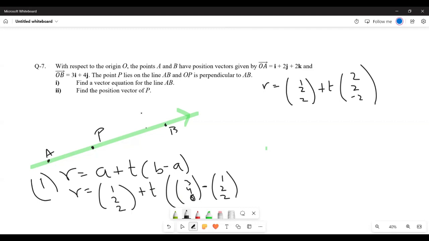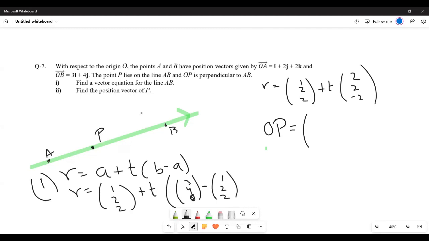Okay. OP lies on the same vector. So OP will have coordinates. Question is not making much sense to me, but let's do it. OP will have the same coordinates as the vector equation itself.